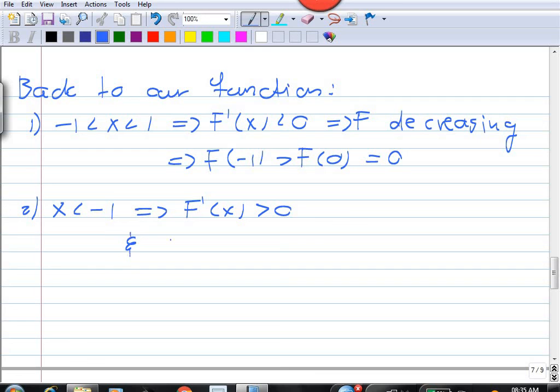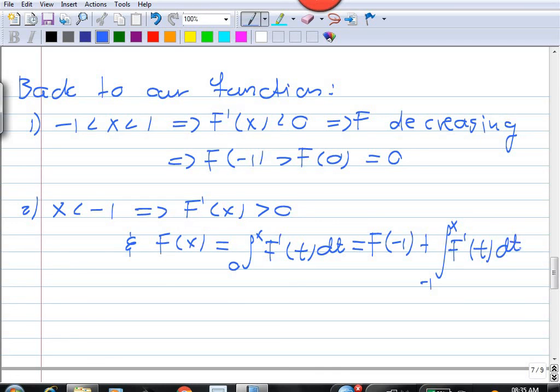And if we look at f of x, right, this is the integral from 0 to x of f prime of t dt, which we can write as f at minus 1 plus the integral from minus 1 to x of f prime t dt.